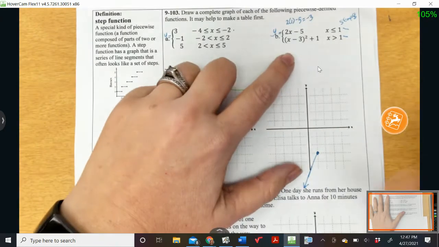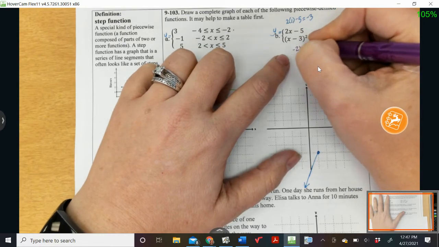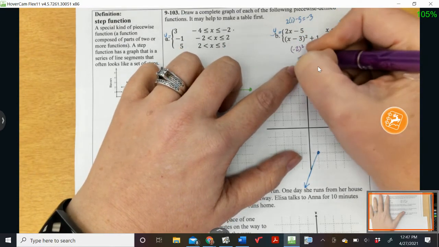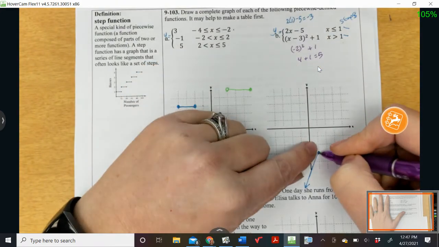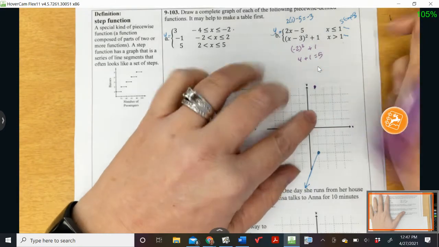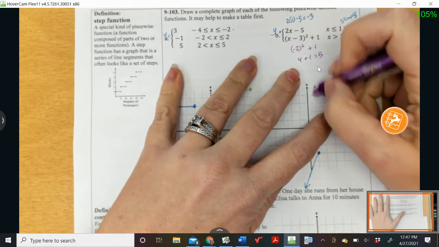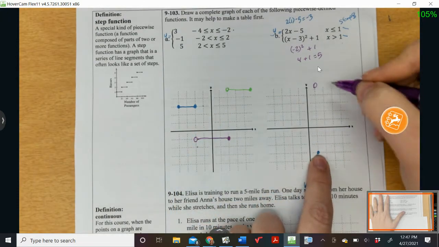Then this one starts when I plug in 1. When I plug in 1, I get negative 2 squared plus 1, which is 4 plus 1, or 5. So when I plug in 1, I get 5. That's an open circle, though. And the open or closed circle is really important because this one takes over for that one.